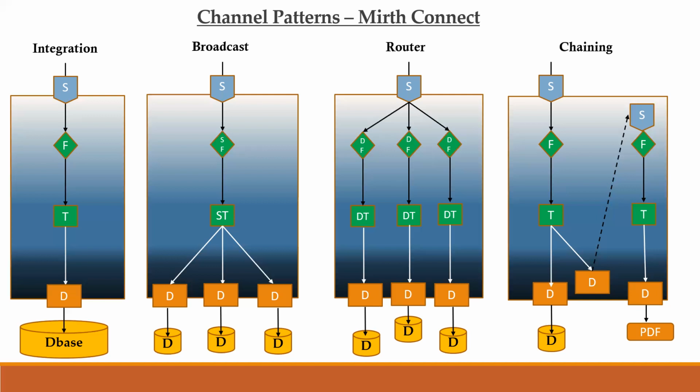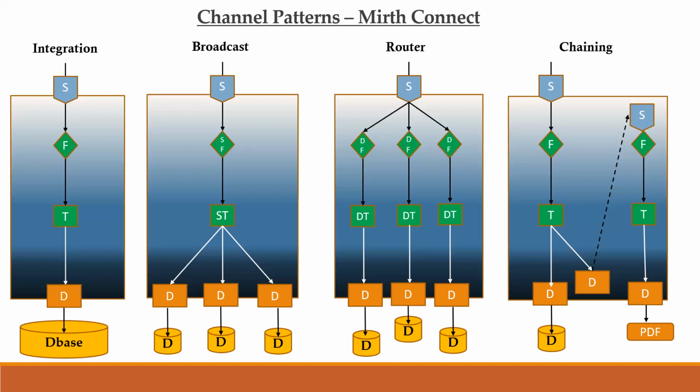As soon as the patient is created, the patient data will be sent to the source. It will pass through source filters and source transformers, and it will be sent to all the destinations that are created within the Mirth Connect channel. Okay, and each destination will deliver the message to each of their clinics.